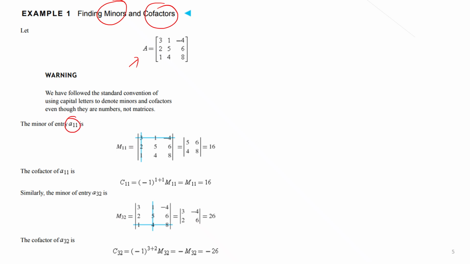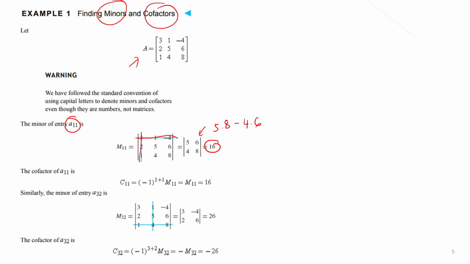So for M11, you delete row 1, column 1, and then you find the determinant of the rest. The determinant of this matrix will be 5 multiplied by 8 minus 4 multiplied by 6, and that will equal 16.